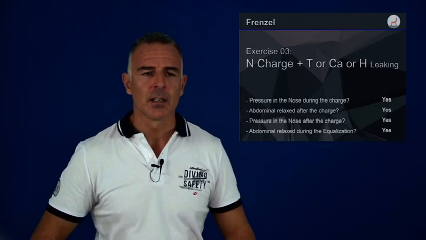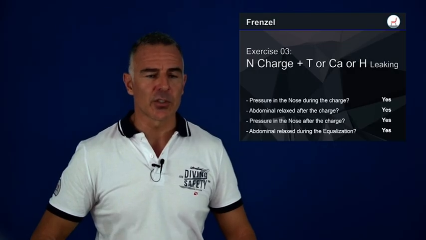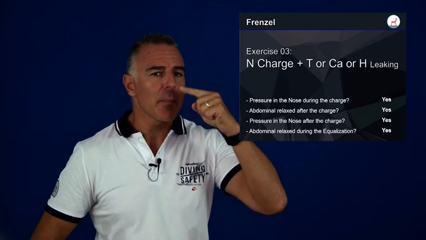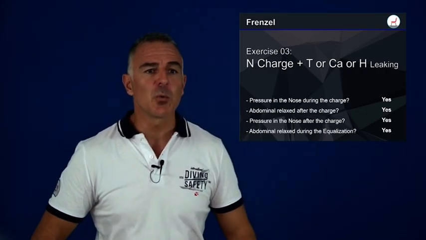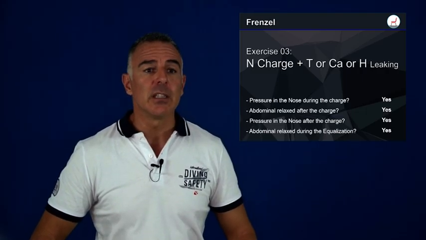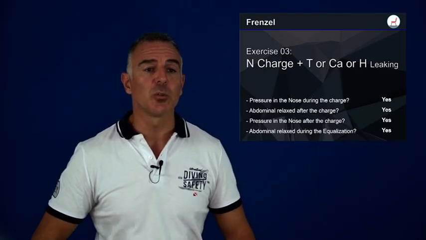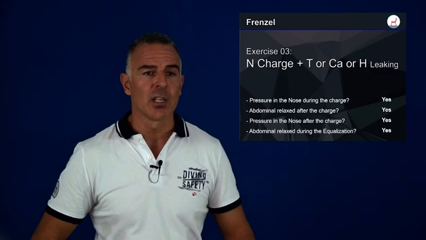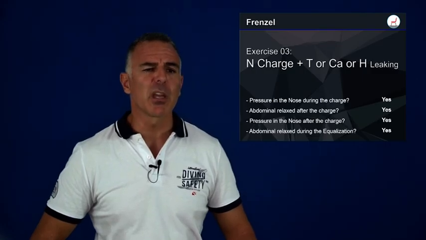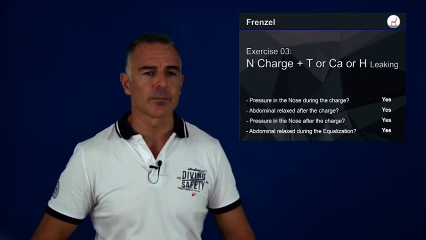In the next skill, we perform again the N charge, then we equalize, and during the equalization, we let some air go out through the nose. In this way, we simulate the volume of the air getting smaller during the equalization. Then we perform another N charge and another equalization, and we keep going until we can.